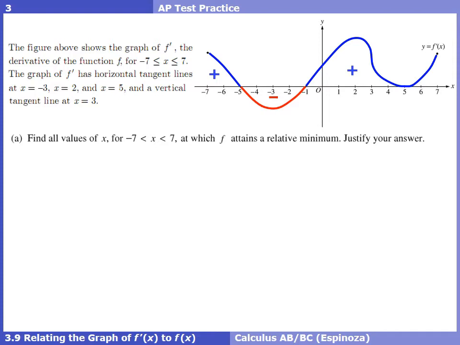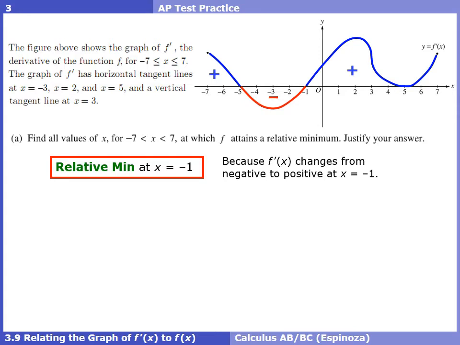We know that if the graph of a derivative changes from negative values to positive values, we have a relative minimum. And in this case, you can see that happens at one x value. At x equals -1, our graph changes from negatives to positives.